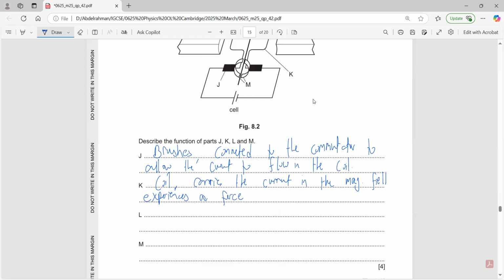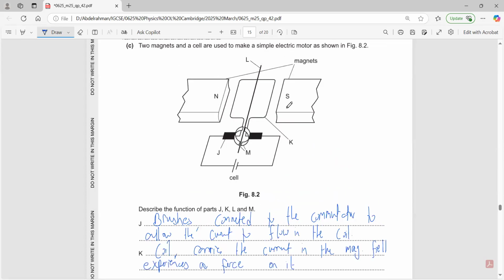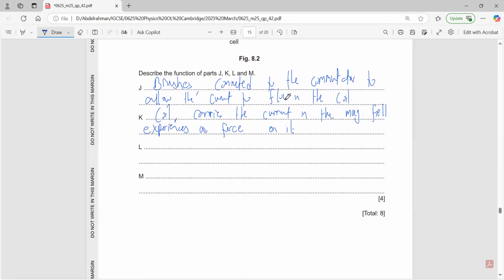A coil experiences a force on it. L. What is L? L is this thing in the middle. It's called an axle. What does an axle do? It can rotate between the poles of the magnet.